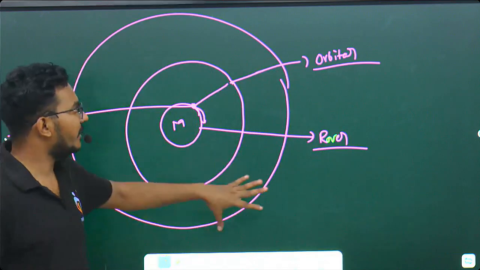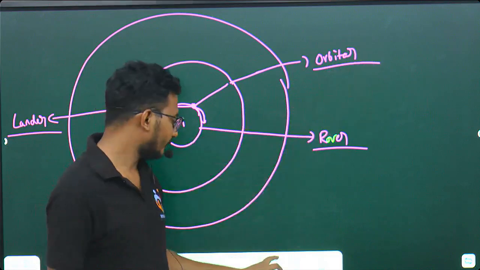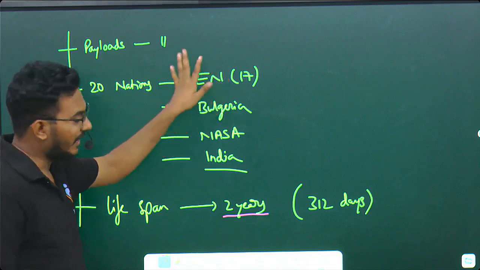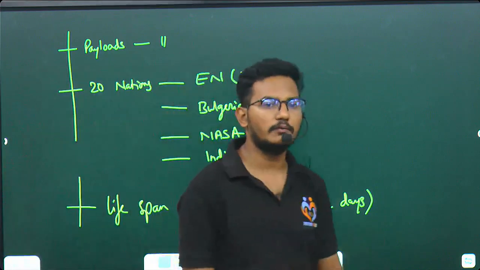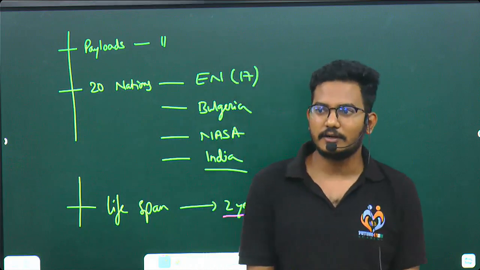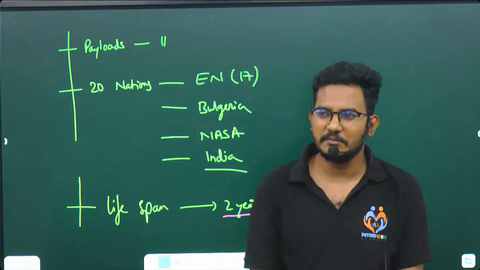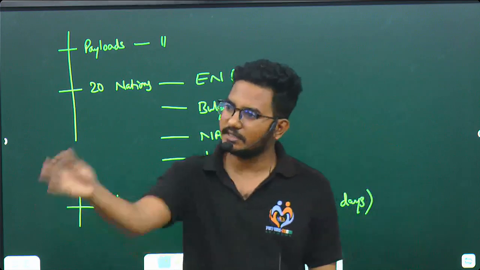So in Chandrayaan 1 we have used only orbiter. But out of orbiter also, how many payloads we have sent? 11. 10 payloads we have installed in the orbiter, and one payload we tried launching on the moon surface. Okay, we have done an experiment. So initially in Chandrayaan 1 only we have done the experiment for Chandrayaan 2.